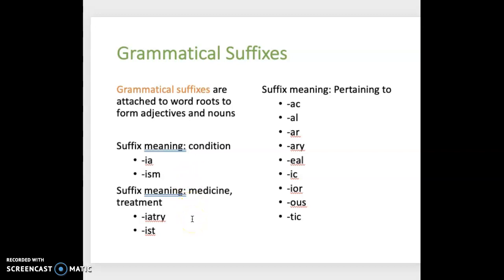And then there are a few that also mean medicine or treatment. Iatry or ist. And then all of these suffixes mean pertaining to. So an example would be cardiac. Cardi refers to the heart, and ac means pertaining to. So cardiac means pertaining to the heart.